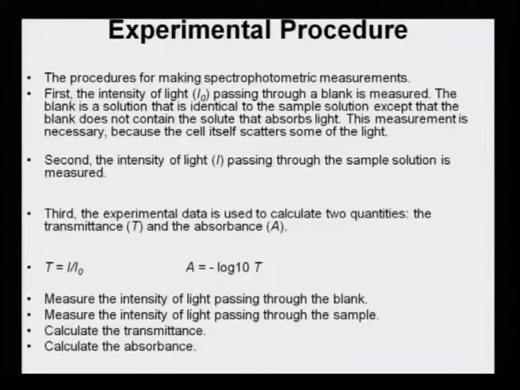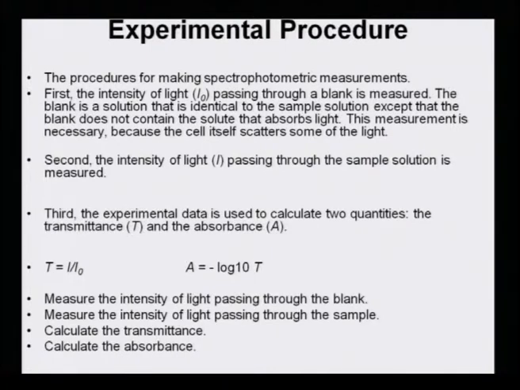The experimental procedure is very simple. First, the intensity of light L0 passing through a blank is measured. The blank is a solution that is identical to the sample solution, except that the blank does not contain the analyte or the solute that absorbs light.